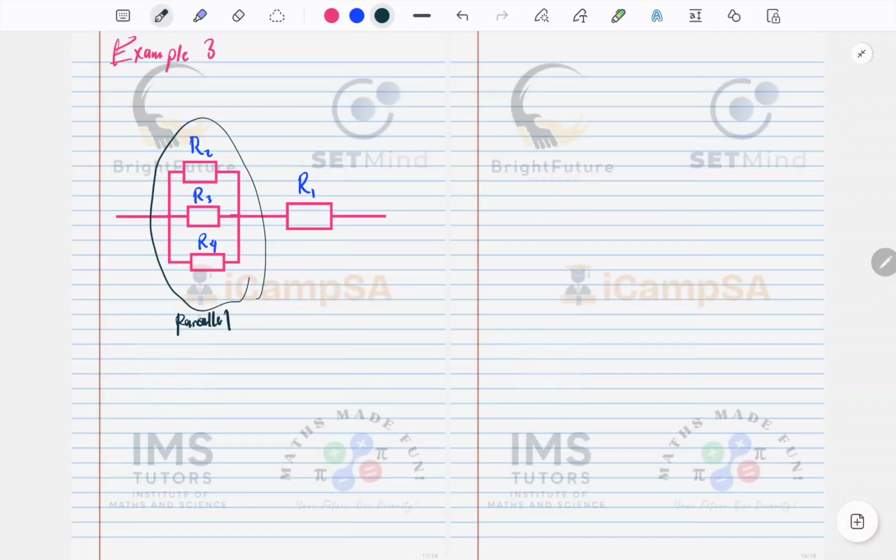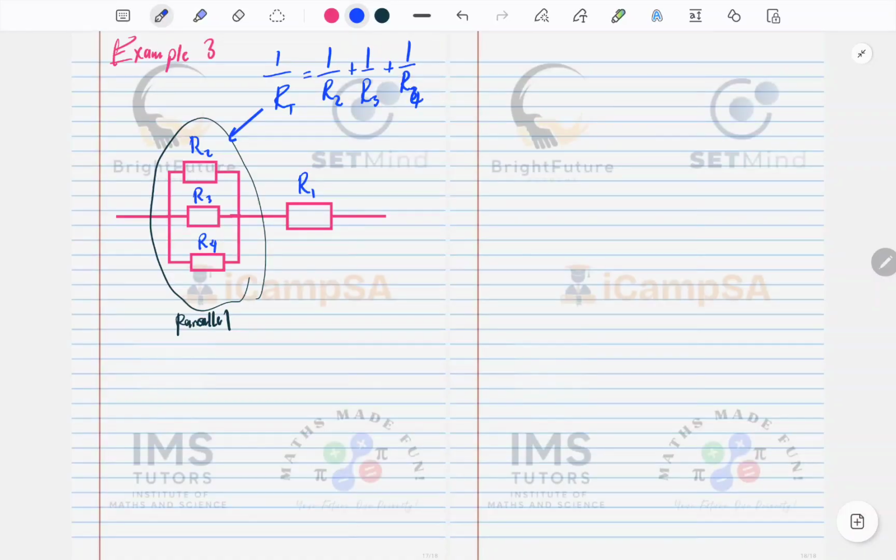Once you've got this RT, I would update the circuit. So I update it so that I have my RT, which I'll get from R2, R3, then R4, like this.